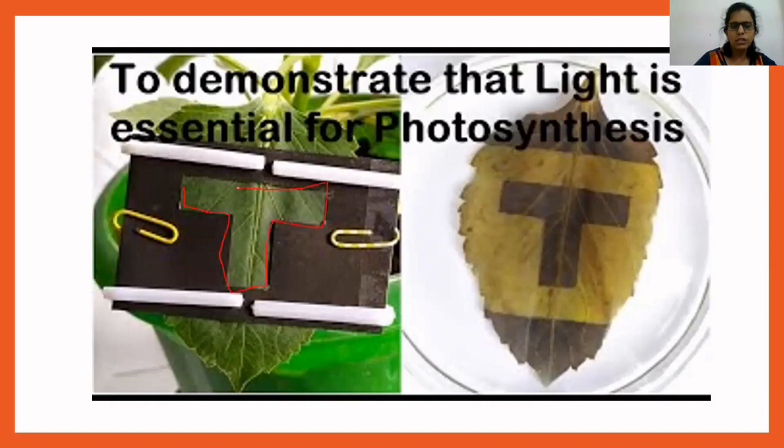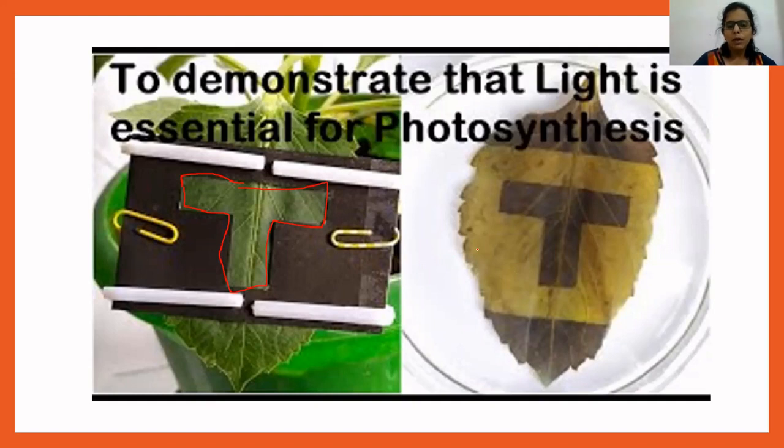Now after the starch test was done on this leaf, you can make out the part which was exposed to the sunlight, the all green color part which is visible here, was exposed to the sunlight. So this part of leaf shows blue black color, isn't it? And this other part of the leaf which was completely covered with black paper shows yellowish brown color.